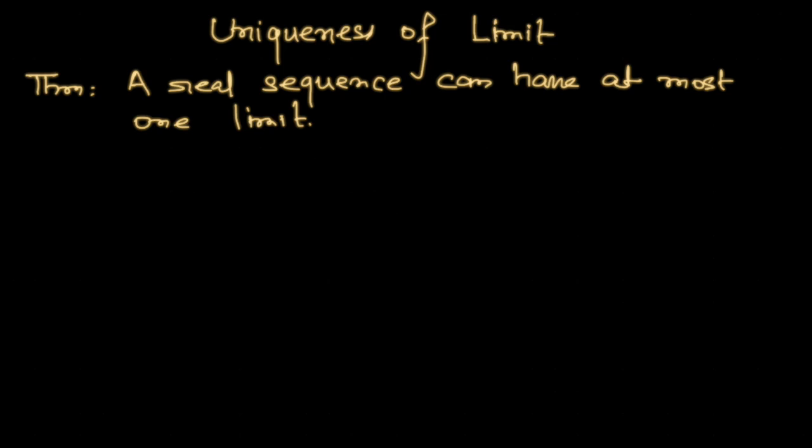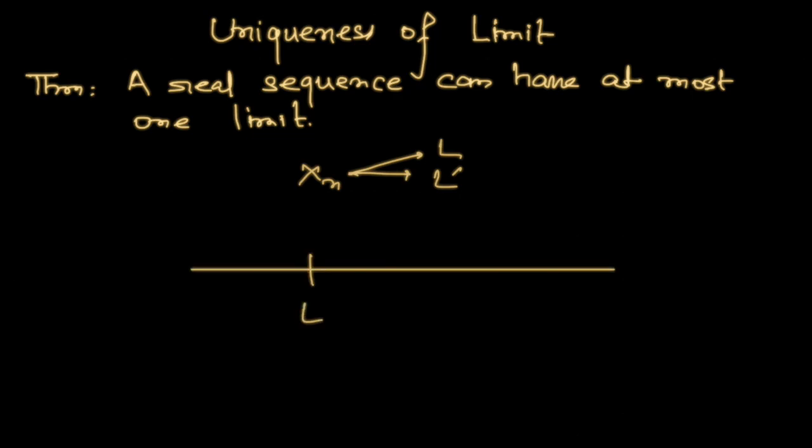So, suppose you have a sequence that converges to two points, say L and L prime, and these are not equal; they are different, both distinct. So one of them will be smaller and one of them will be greater, and I can assume any one to be less. What does convergence mean?